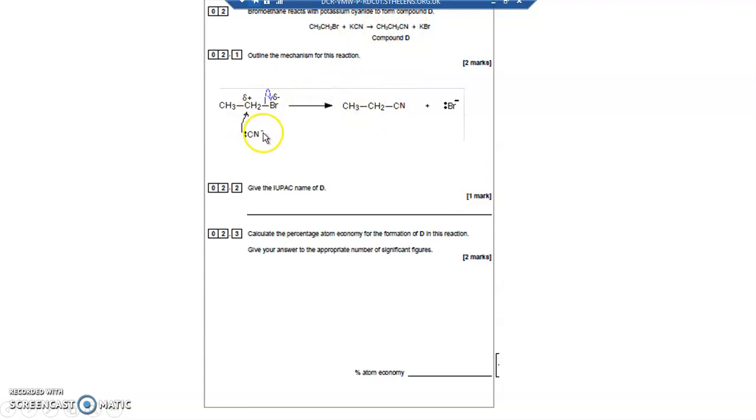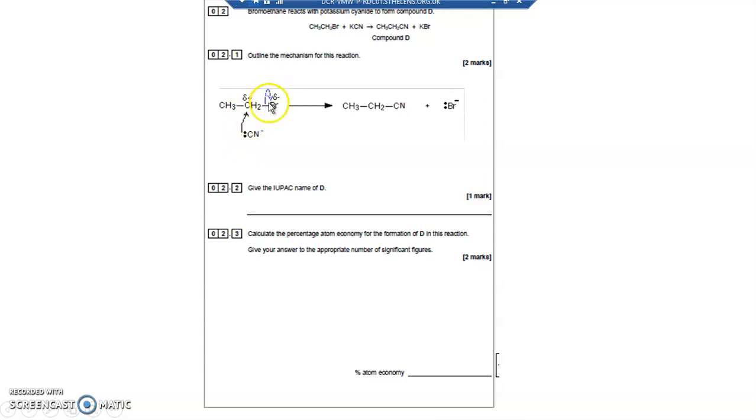I've got a CN- ion, I've got a lone pair of electrons on the carbon of the CN. That will attack the delta plus on the C, on the polar bond between the C and the Br. Remember, the Br is electronegative, so it gets a small minus charge, and the C gets a small plus charge, delta plus and delta minus, so I've got a polar bond here, and the lone pair of electrons attacks or bonds to the carbon of the C-Br.